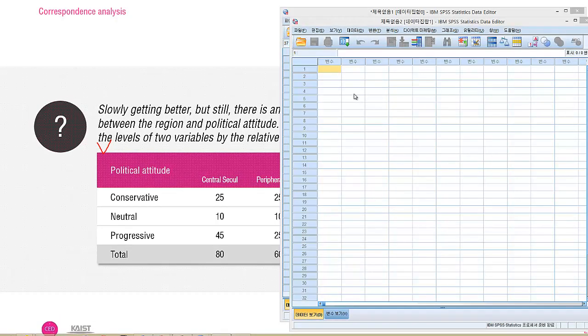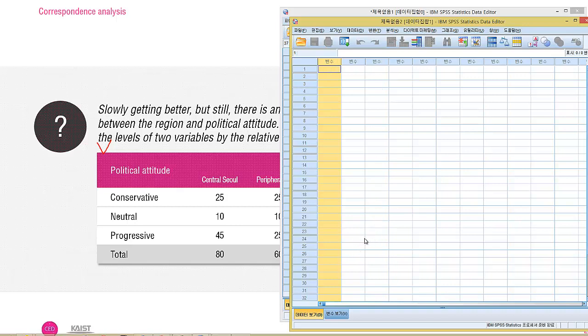I opened a new datasheet in SPSS, and let me show you how to create the data table to perform a chi-square test for independence when we have already organized the data like this table.